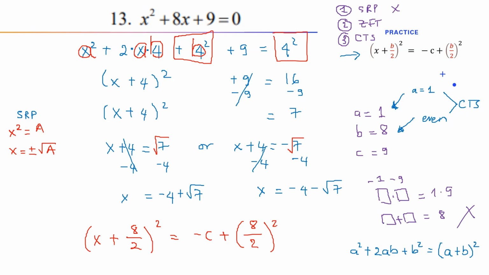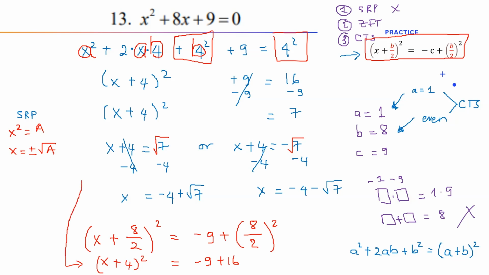Oh, and c is 9. So when I plug in a, b, c into the formula, I will have x plus 8 divided by 2, which is 4, squared equals negative 9 plus 16. And this step is similar to this step right here.